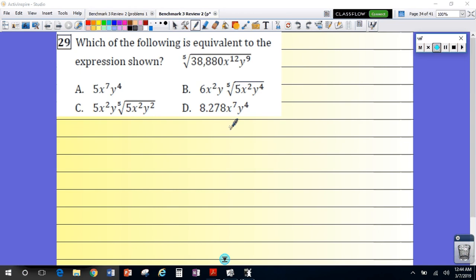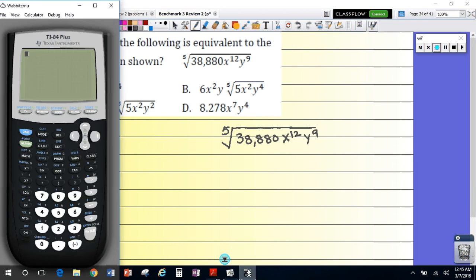Here the problem number 29 is fifth root of 38,880 x to the 12th power and y to the 9th power. Right.